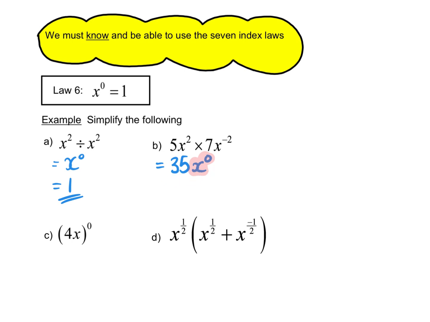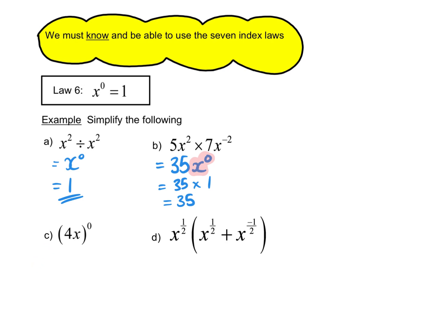So that's now 35 times 1, which is just 35. I'd probably just go straight from this line to this line. So just be careful. Just because you see a power of 0 doesn't mean the next line is necessarily going to be 1. You've got to think about what the power of 0 is actually acting on. That brings us to example C here.